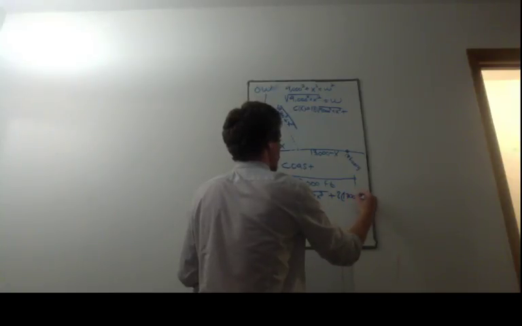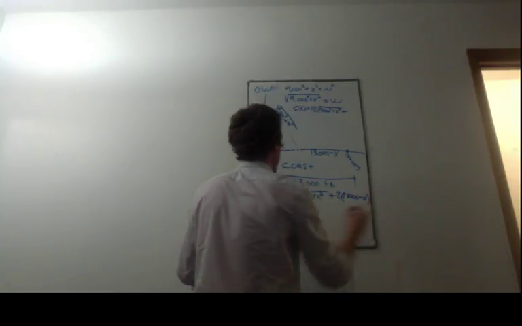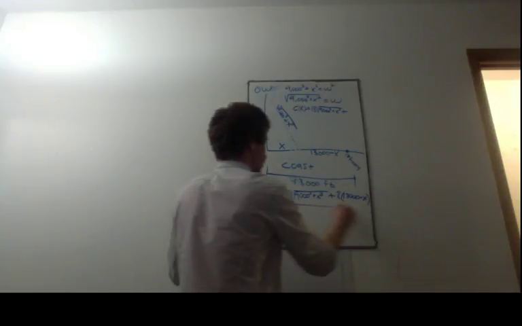So we get 8 times 13,000 minus x. So this is what we want to graph.